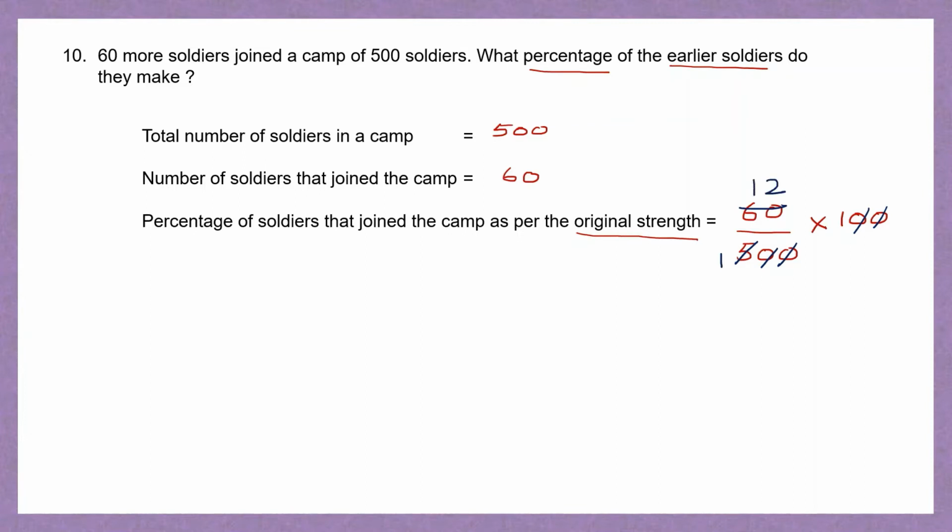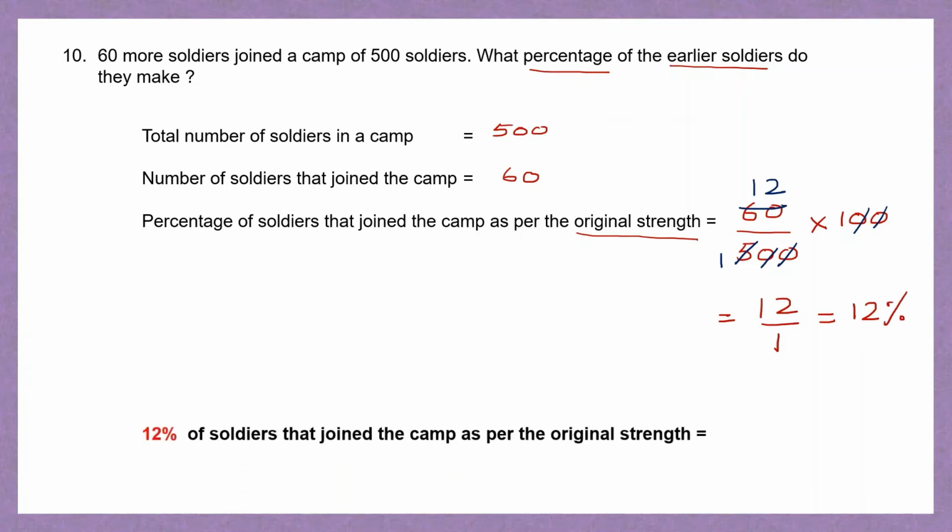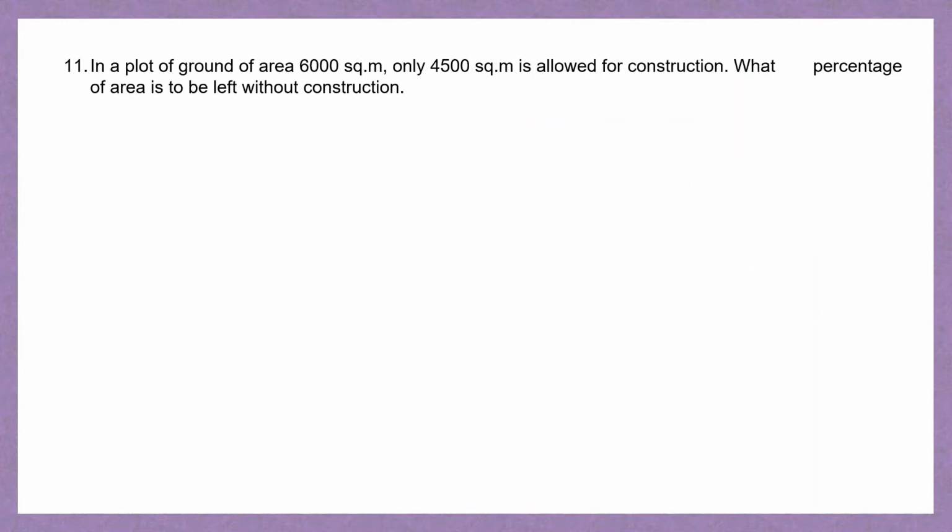Now let's multiply the numerators. 12 ones are 12 and denominator is 1. So the percentage of soldiers that joined the camp when compared to the earlier ones is 12%. 12% of soldiers that joined the camp as per the original strength. So that is the answer, 12%.